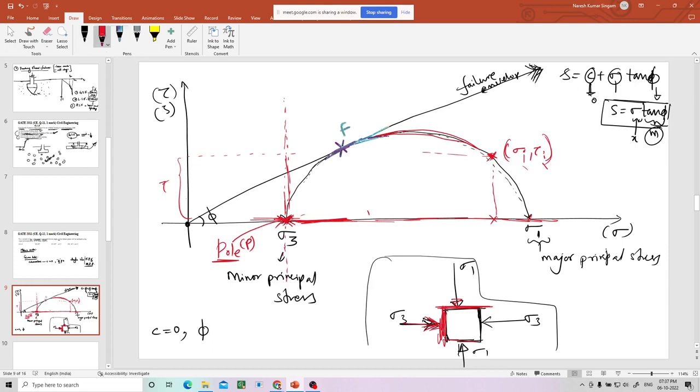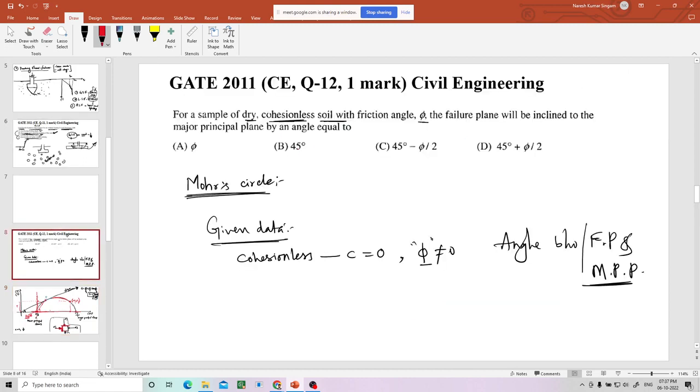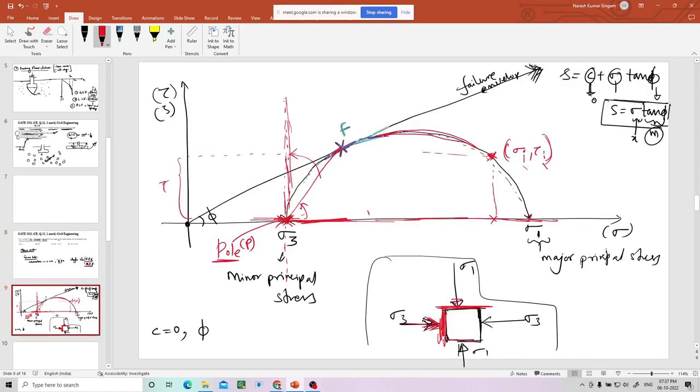So if you join this pole and the failure point, this is the inclination with respect to what? If you draw a vertical line, with vertical line this much angle, with horizontal line this much angle, but we need the angle between the failure plane and the major principal plane. This is the failure plane, that we understood. What is the major principal plane?